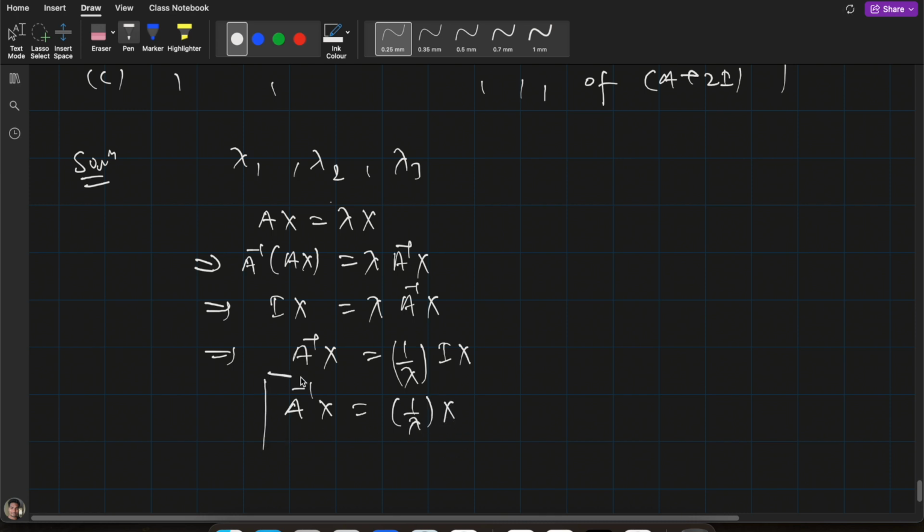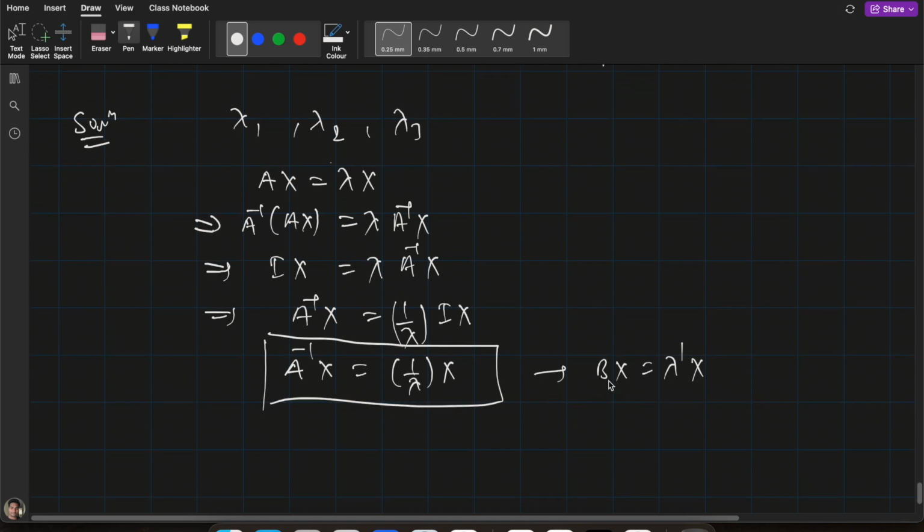So what does it mean? It is another eigenvalue problem, that is Bx equal to lambda dash x, where B equals A inverse, and 1 by lambda is lambda dash, and the eigenvectors are the same.